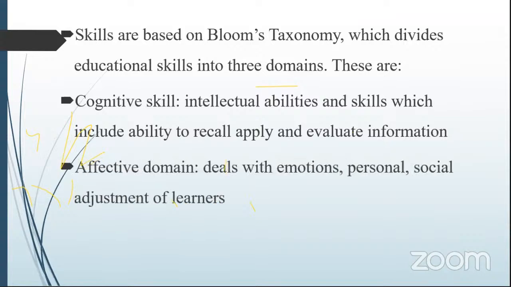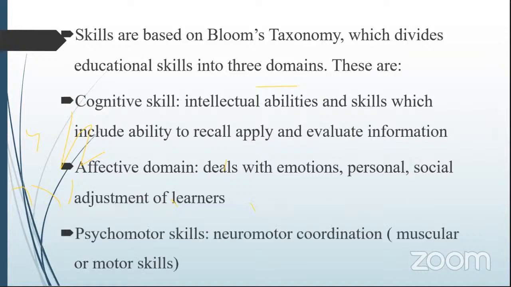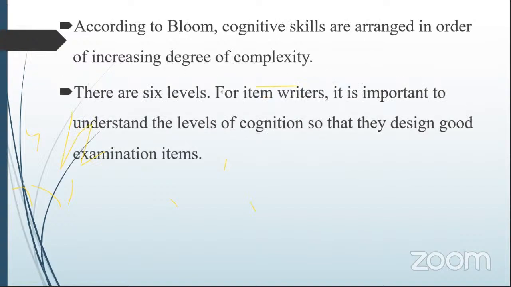The second one being affective domain, which deals with emotions, personal, social adjustments of learners. The third one being psychomotor skills, dealing with neuromotor coordination or motor skills. According to Bloom, cognitive skills are arranged in order of increasing degree of complexity.